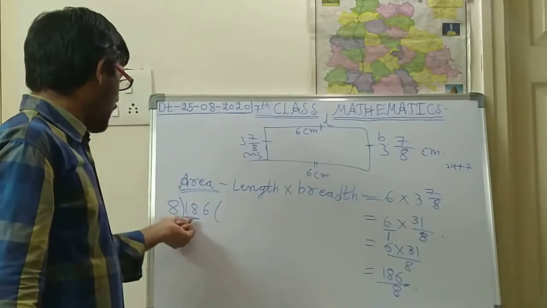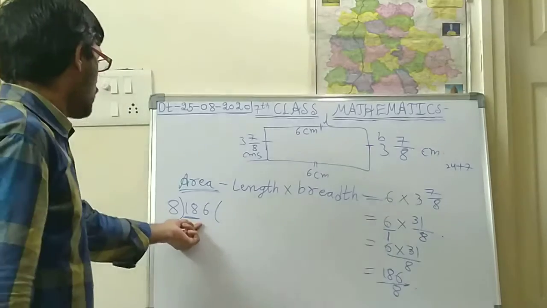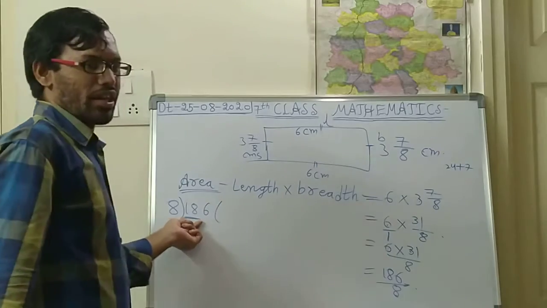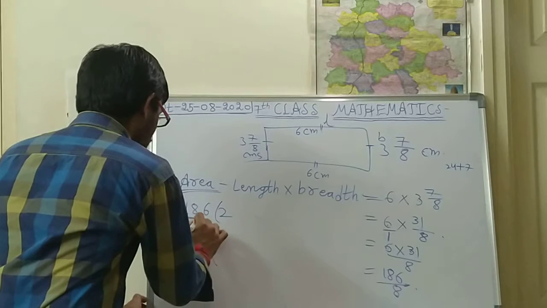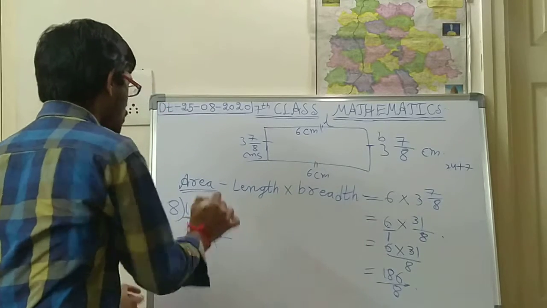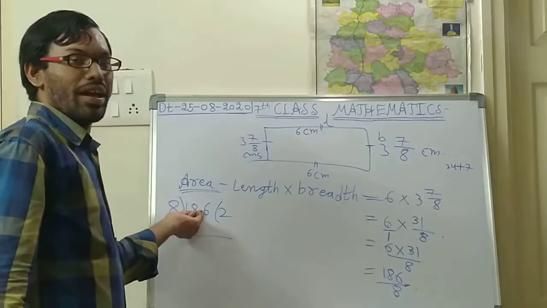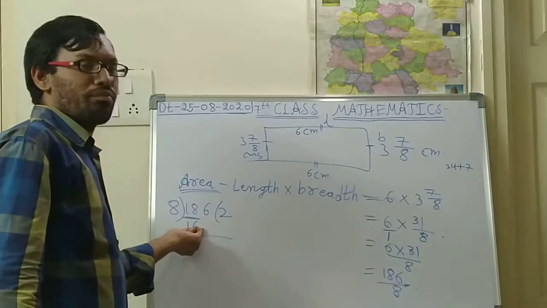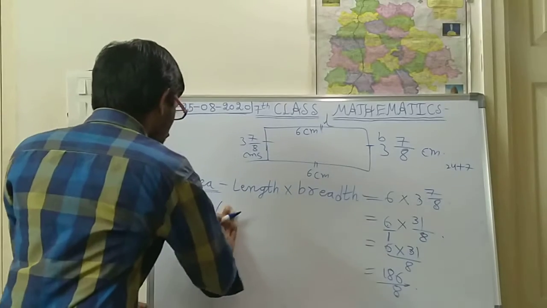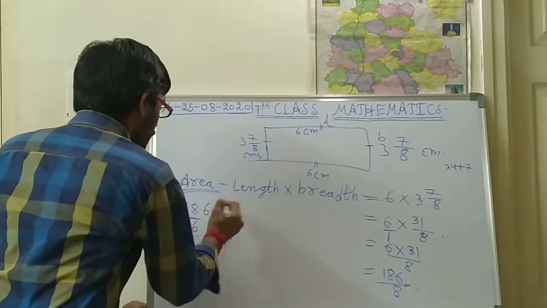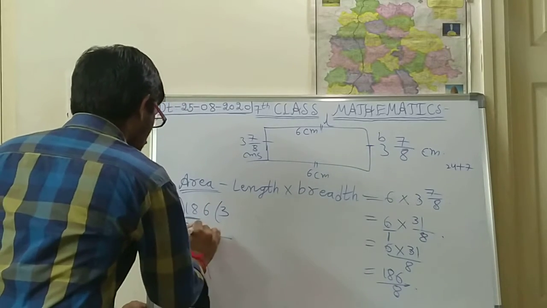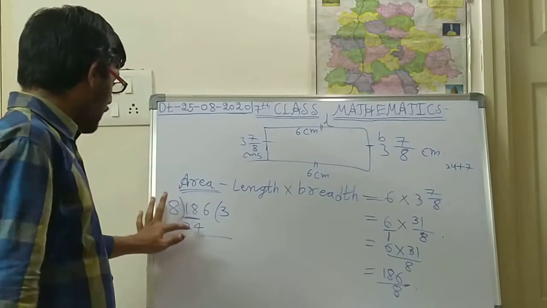First take only 2 digits. In table 8, when 18 will go, 8 twos are 16. Why should you take the lesser number? Because the above number should be greater than the below number. Suppose instead of 8 twos, you take 8 threes, which is 24.